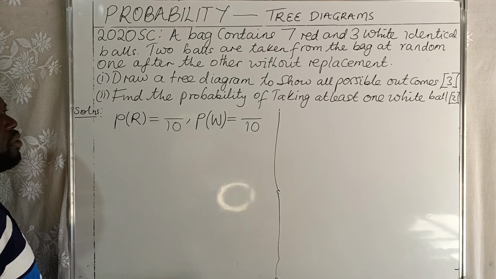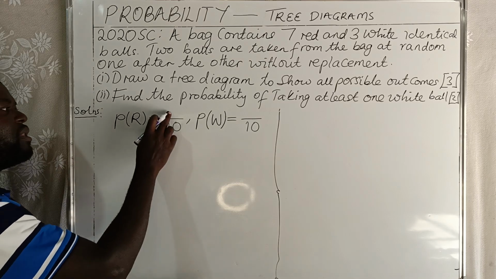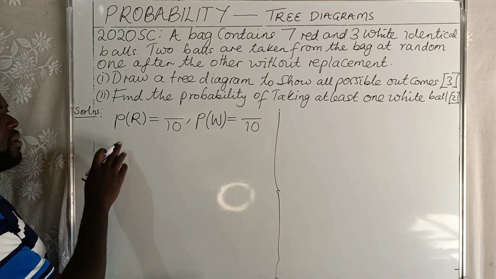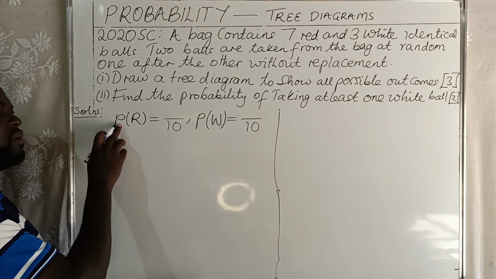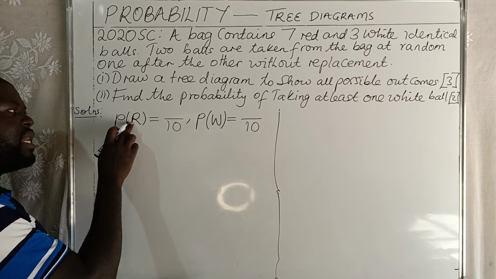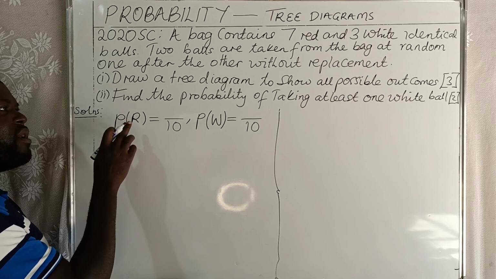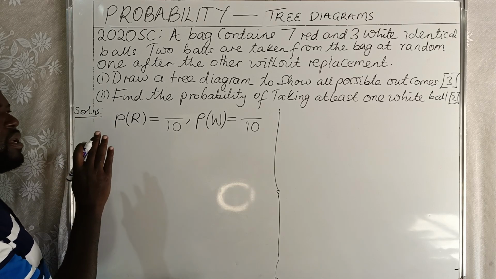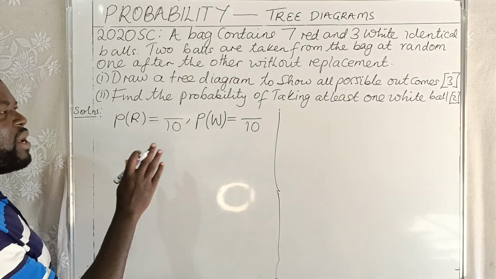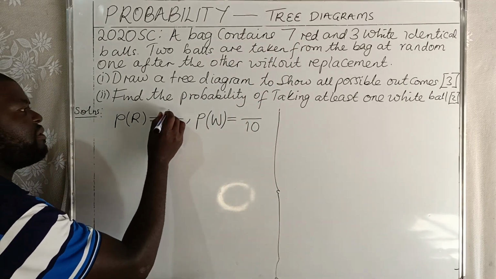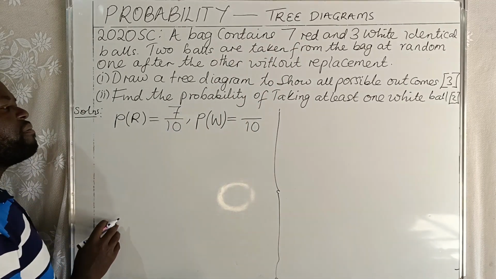Coming to the numerators, for the probability of taking a red ball, we need to find out how many of these 10 balls are red. We are told that 7 are red, so the 7 is what we put here.